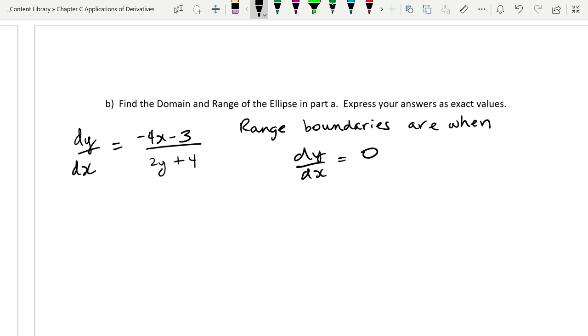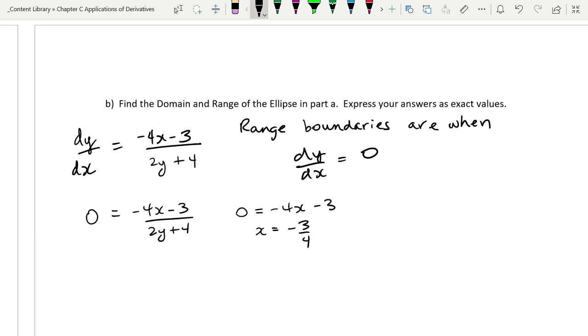So we set this to be equal to 0. We multiply both sides of the equation by 2y plus 4. And then we solve for x. So x is equal to negative 3/4.